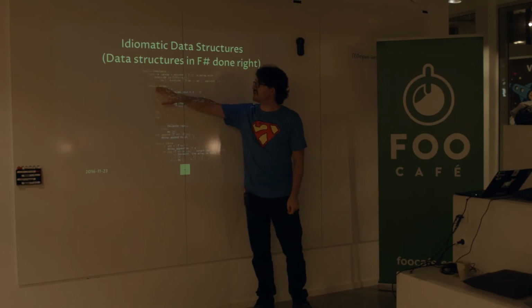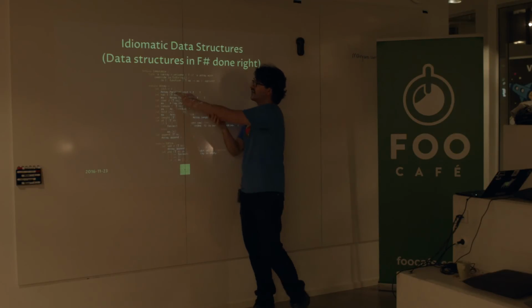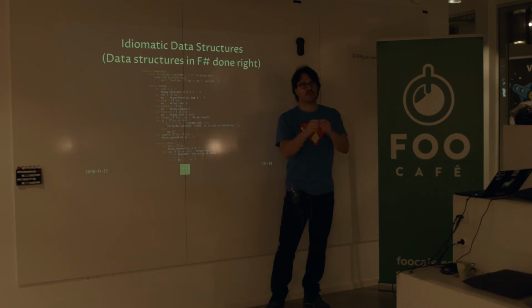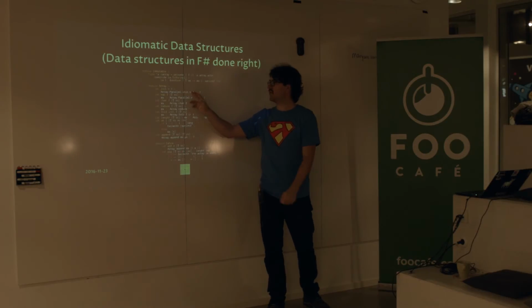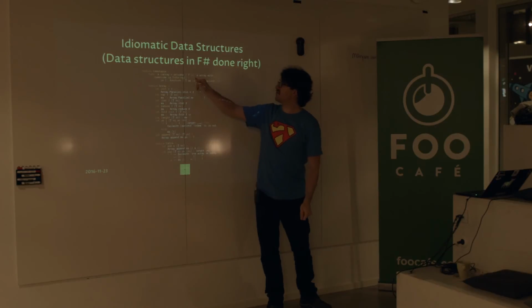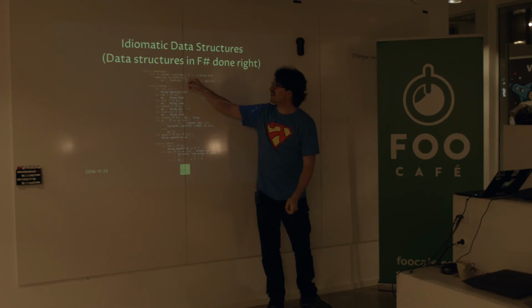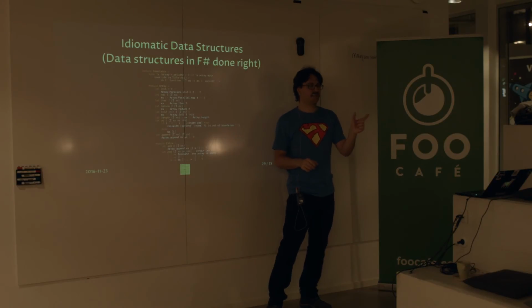So what I do is I define an internal array, and the only thing I do is wrap and unwrap. Every time I expose my underlying data type, I do it with this phantom type or single case hidden constructor.